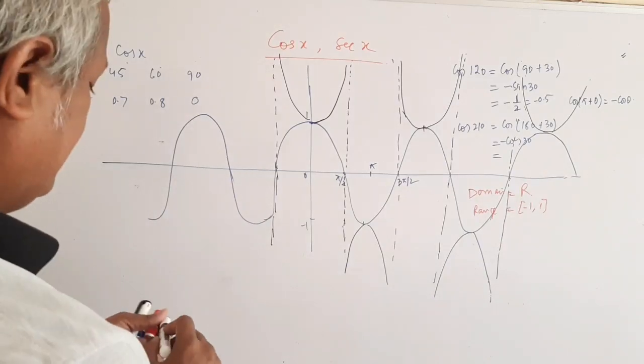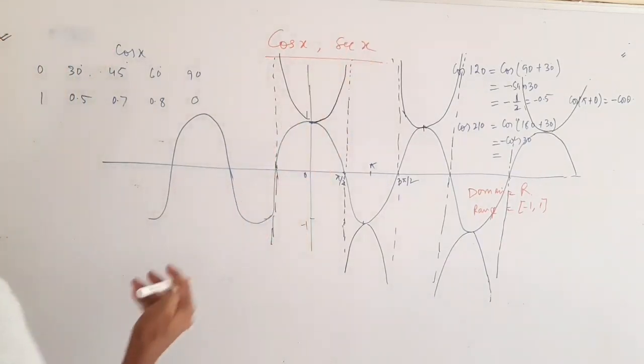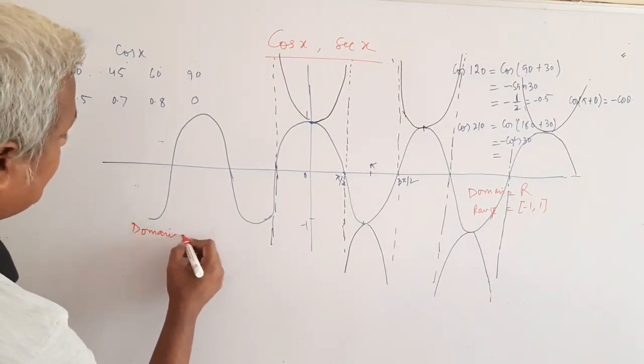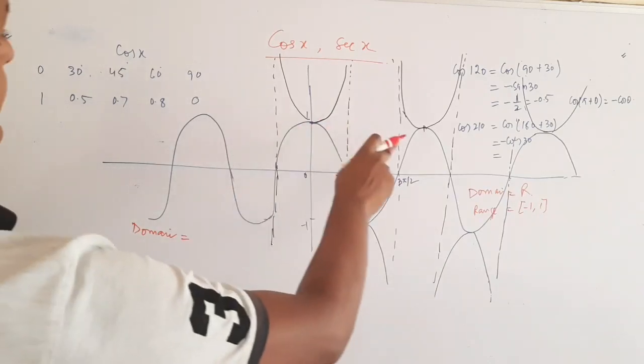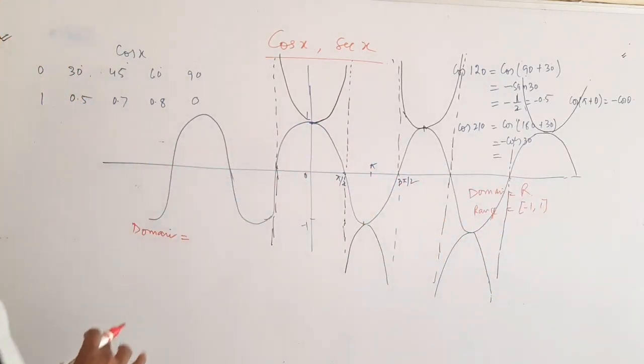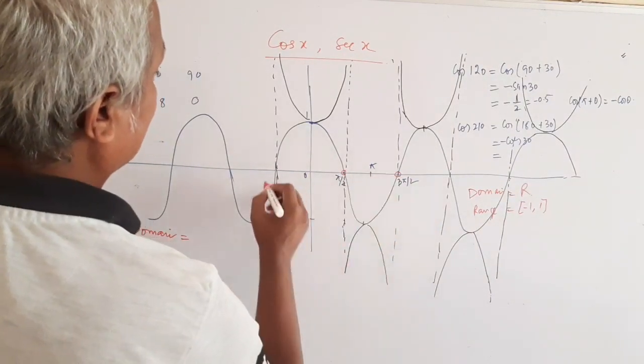So for sec x, the domain is, you see the domain. So what is domain? It means the values of the x-axis, but at this point we cannot take this point.